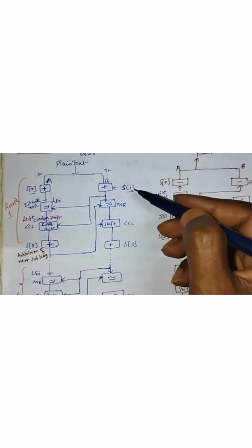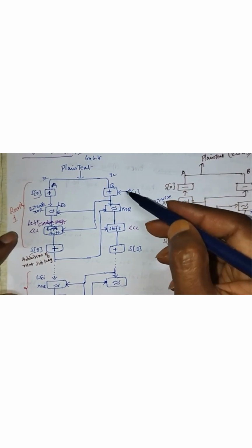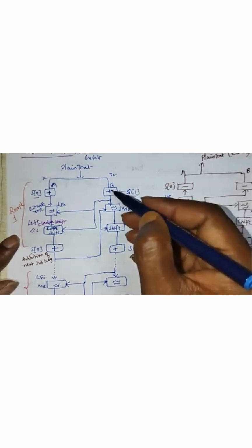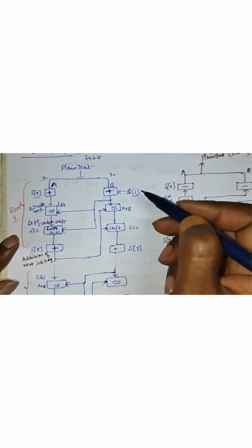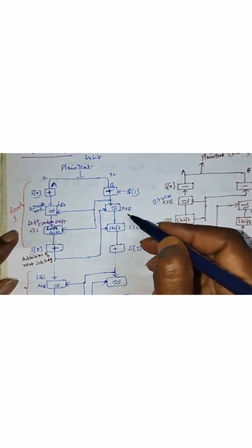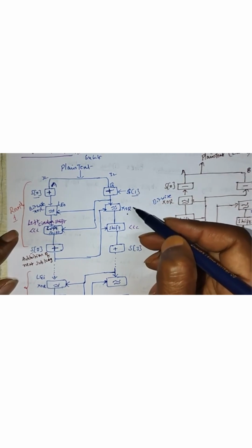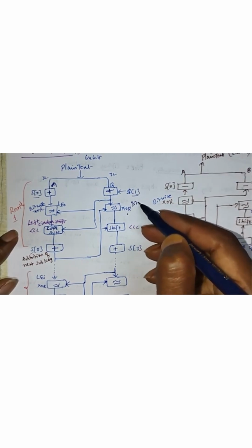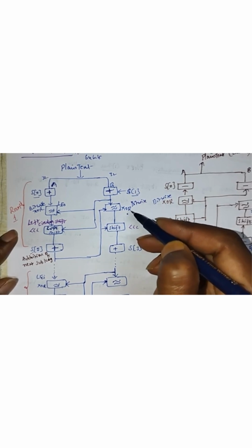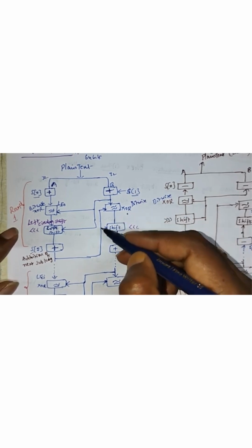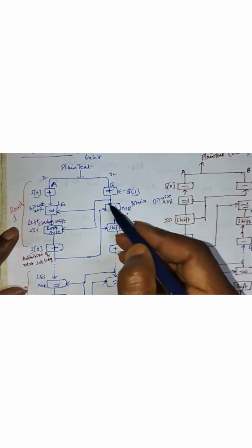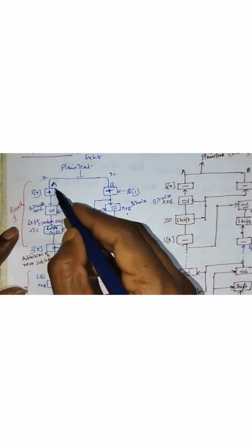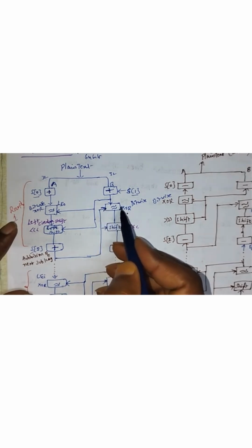And what about the right side? In the right side, first the 32 bits will be added with S1. Here we will perform a bitwise XOR operation, and to perform the bitwise operation we will consider the left side round one result. The left side round one result will be considered as the input to the B side.